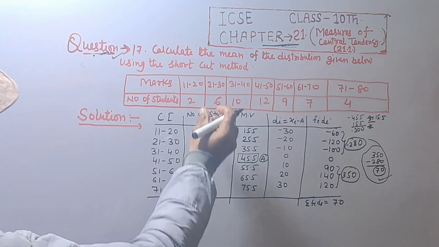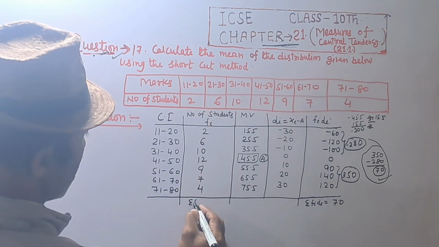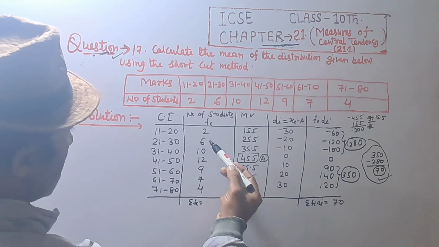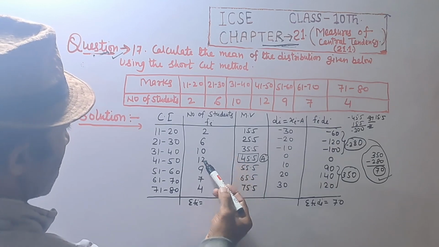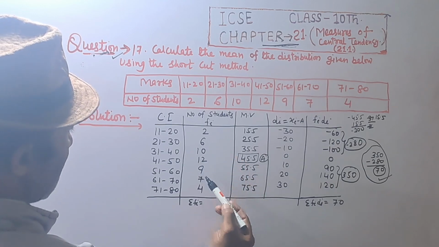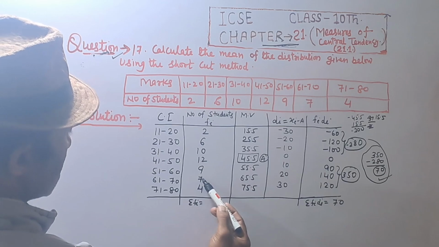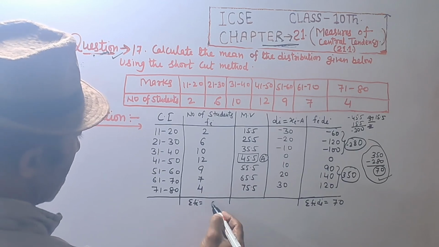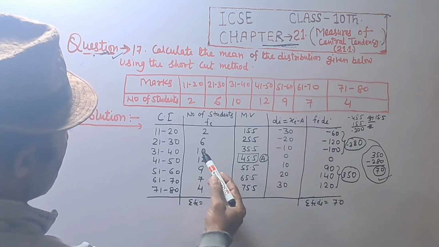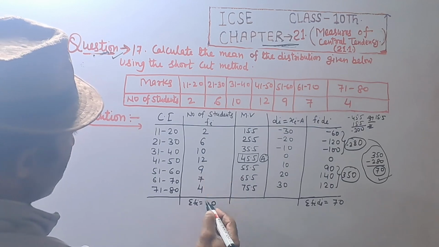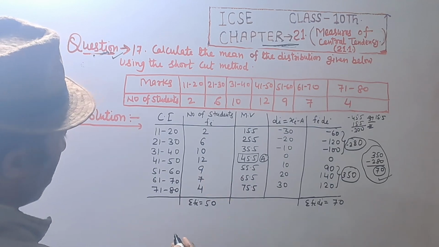So sum of fidi equal to 70. And the number of students, sum of frequency, is equal to sum of fi, that is 6 plus 2, 8 plus 2, 10 plus 9, 19, 19 plus 11, 30, then 3, 4, 5, 50.